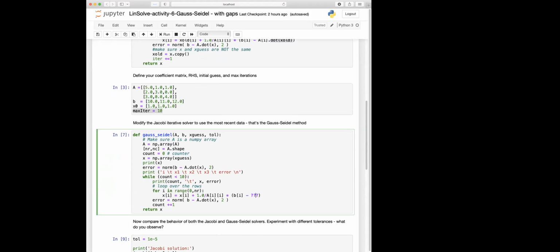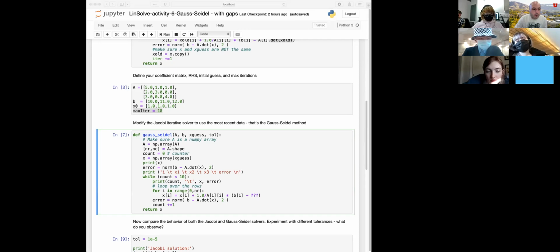So go ahead, think about that for a moment, and let me know what you think should go in there. So this is doing the solution for the ith equation, okay? We want to use the most recent information.